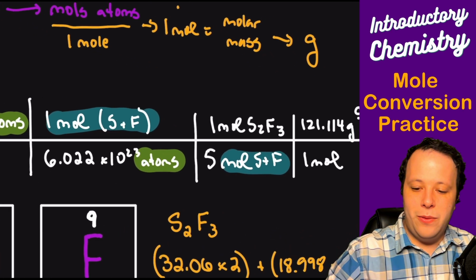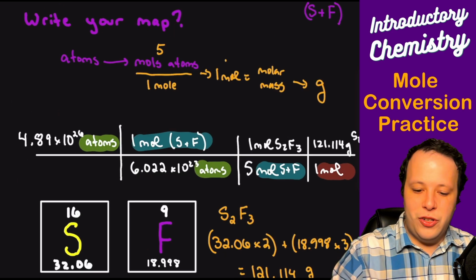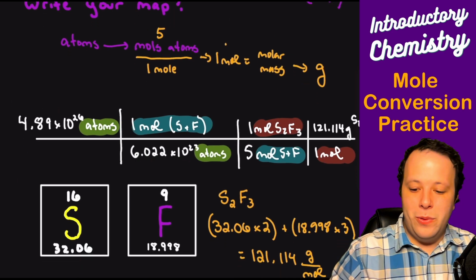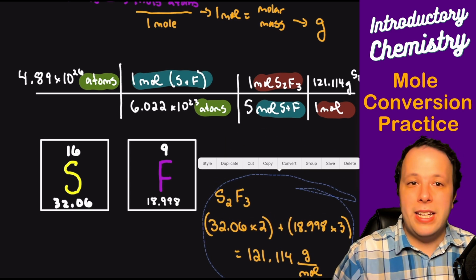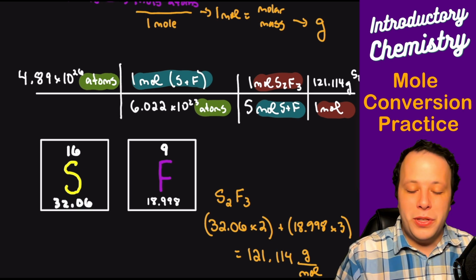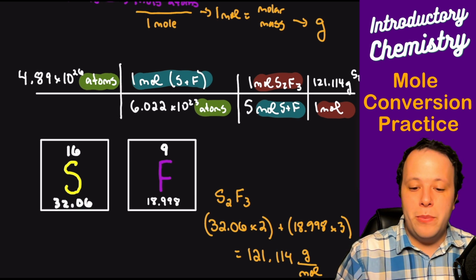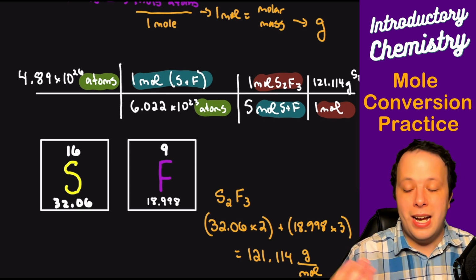All right, now that we have that, we are going to cancel all of our units, prove and show that. Once we do the math here, we're taking that 4.89 times 10 to the 26, multiplying that by 121.114, and then dividing that by 6.022 times 10 to the 23 times 5.